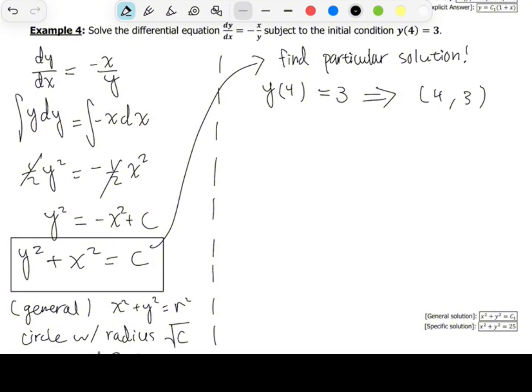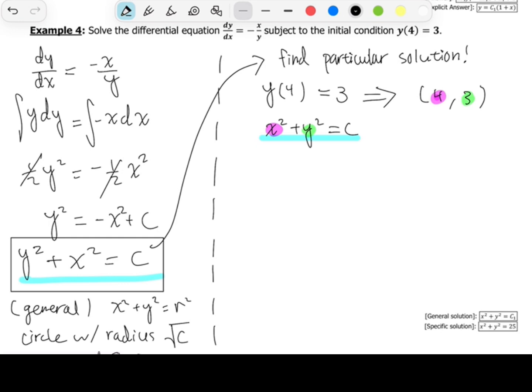If we just plug that in, and I'm going to rewrite this as x squared plus y squared equals c, because I just got this from down here. Plug in your x, plug in your y, and just solve. Very easy.